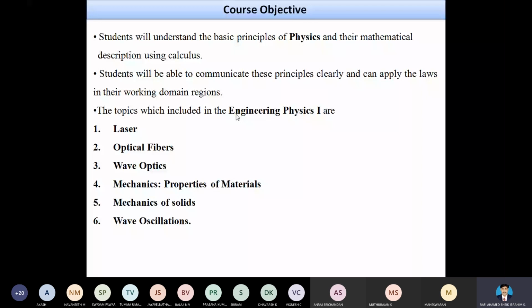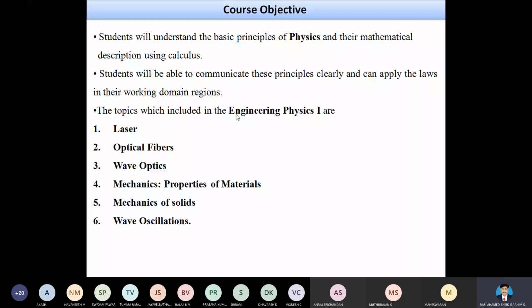So we are using this principle of laser in all the areas. So the students should be able to communicate after reading this unit. They can be well exposed to the concept of laser, and they can use these laser applications in their domain region also, in their future studies or in their job. So this is the objective for today's class.